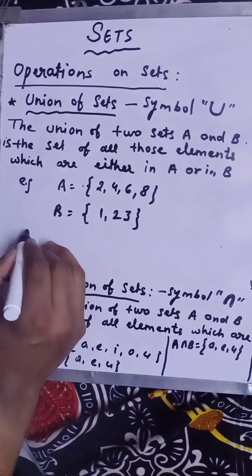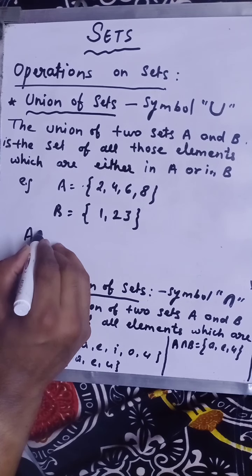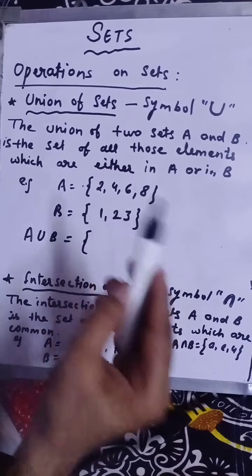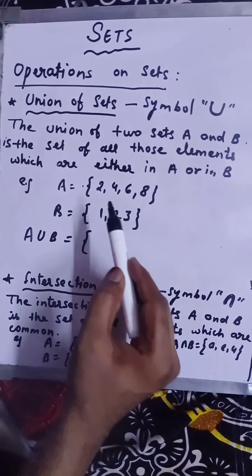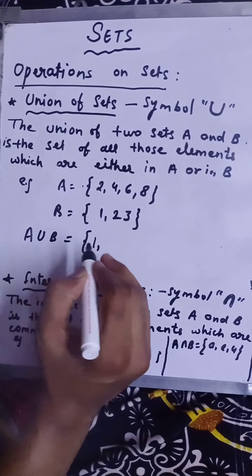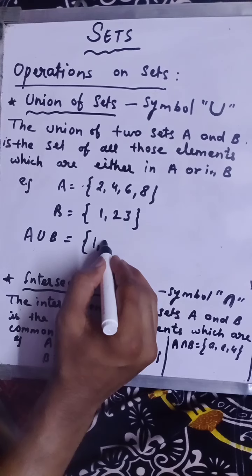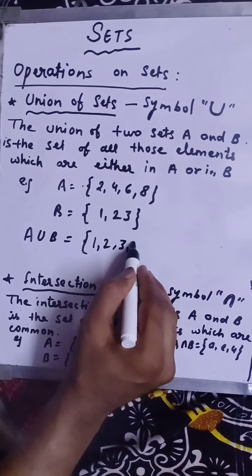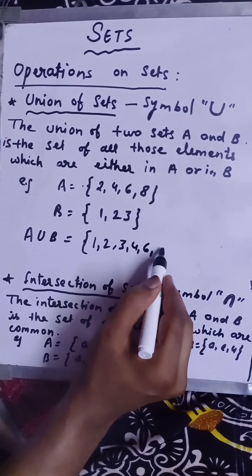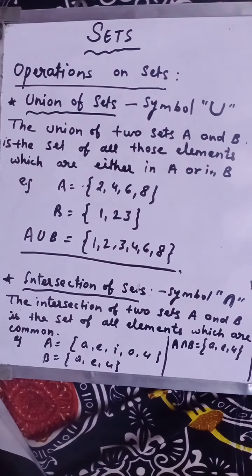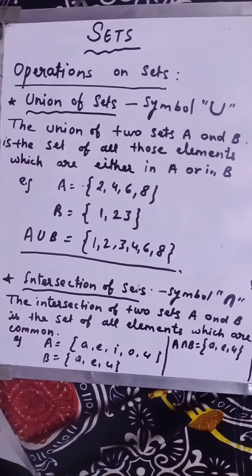And you have to find out A union B. Then you have to write in order. The first element which will come is 1, and 2 is also coming in both, so you have to write it only one time. 3 is also there, 4 is also there, 5 is not there, 6, and then 8. So this is how we can find out A union B. So this is the meaning of union.